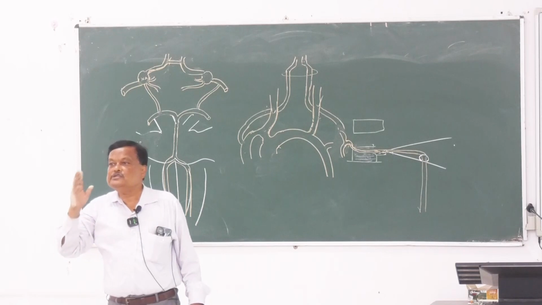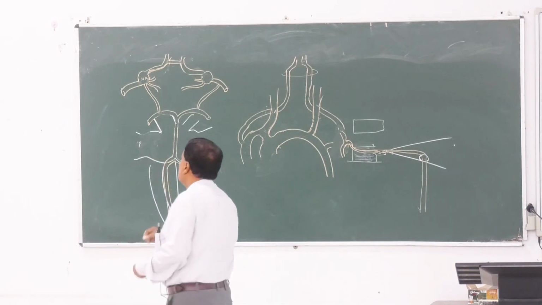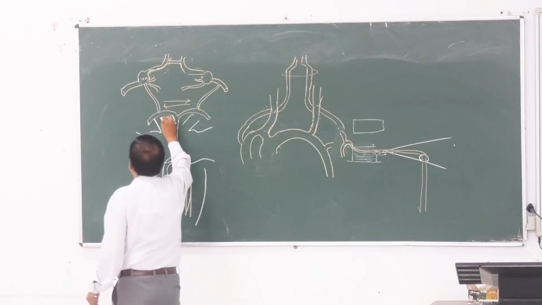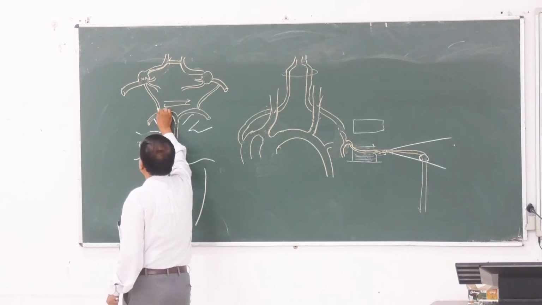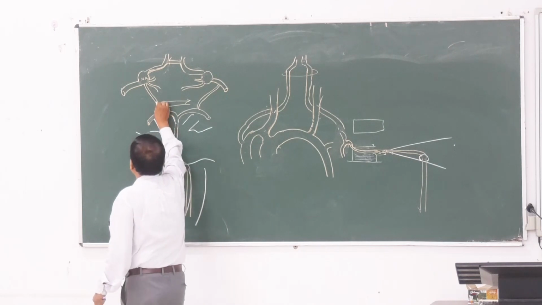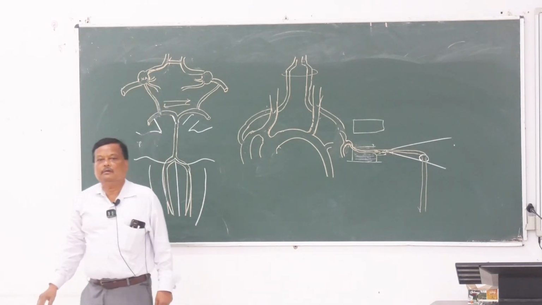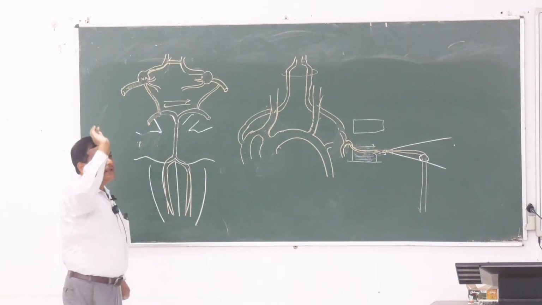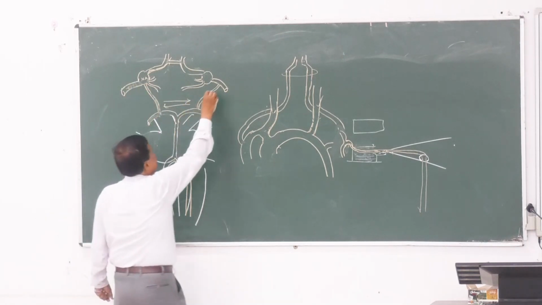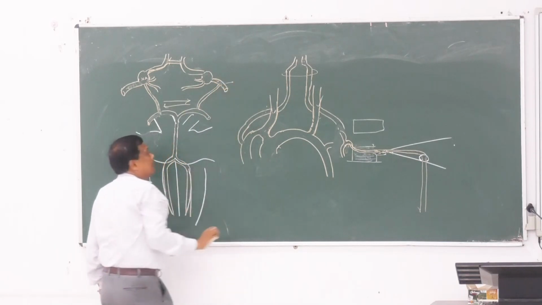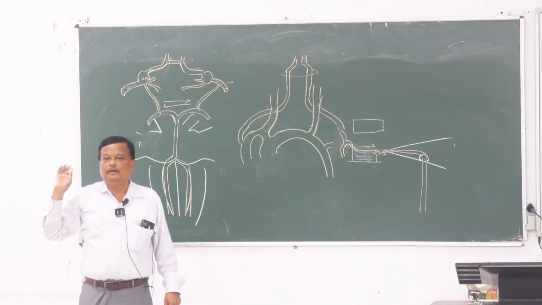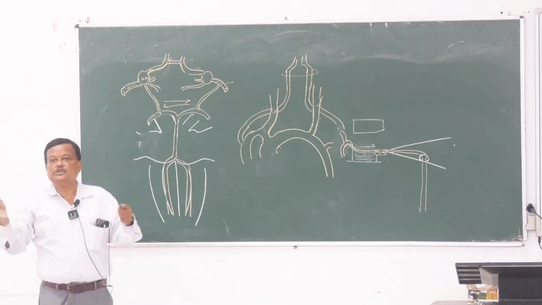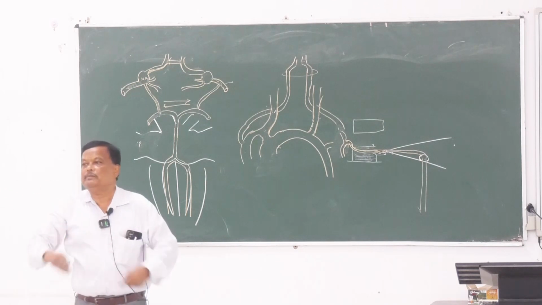Normally, there is no blood flow from right to left or left to right. The right middle cerebral artery will supply the right side of the brain. The left middle cerebral artery will supply the left side of the brain. There is no crisscrossing of the blood in physiological condition.